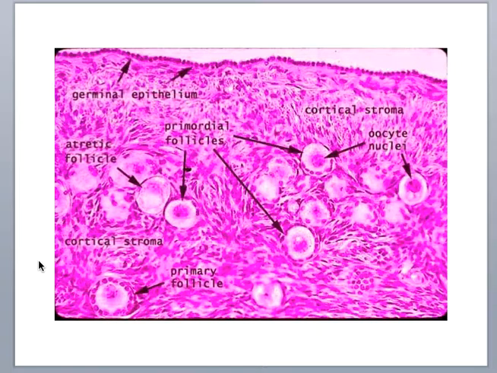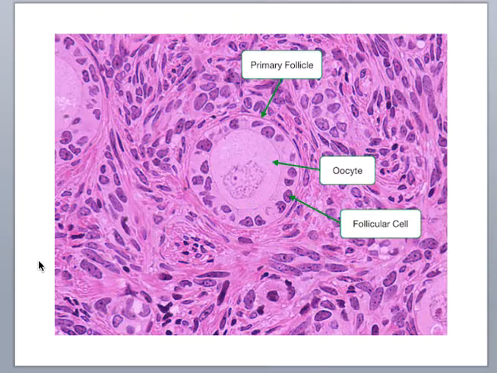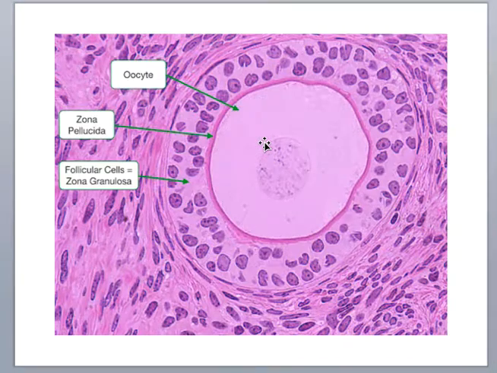Once these are stimulated to mature, they'll develop into a primary follicle. Here's our oocyte, and now the follicular cells surrounding the oocyte are somewhat cuboidal. This entire structure is a primary follicle.